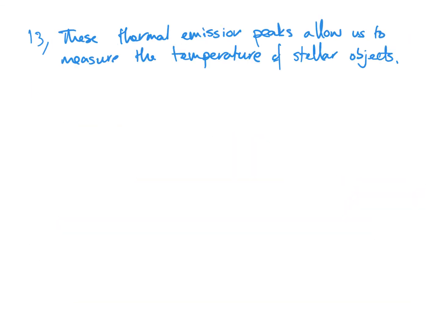So by looking at the spectra from these distant objects and finding out where they peak, then we can work out their temperature. And that's important because we can use it to estimate the temperature of the universe.